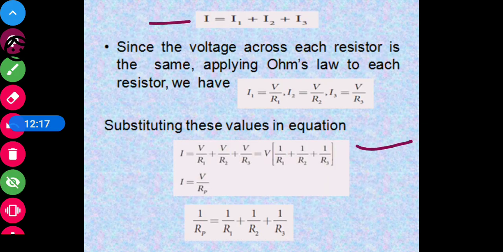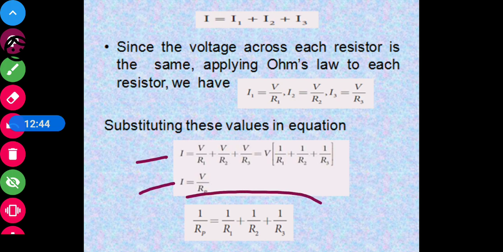Here I is equal to I1 plus I2 plus I3, and the voltage across each resistor is the same, so I1 is equal to V upon R1, I2 is V upon R2, and I3 is V upon R3. Substituting these values, we get I is equal to V upon R1 plus V upon R2 plus V upon R3, or also I is equal to V upon Rp.